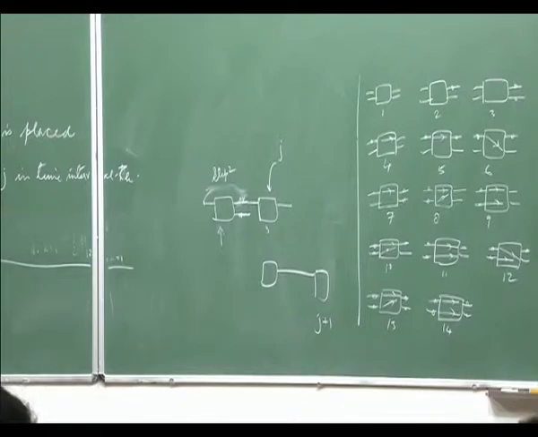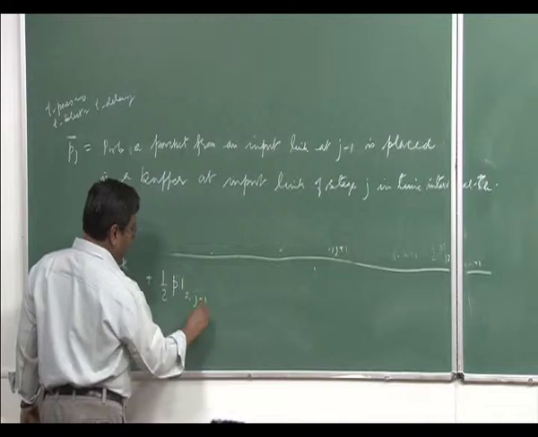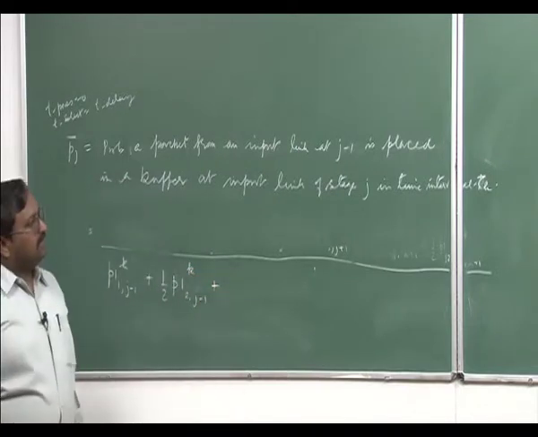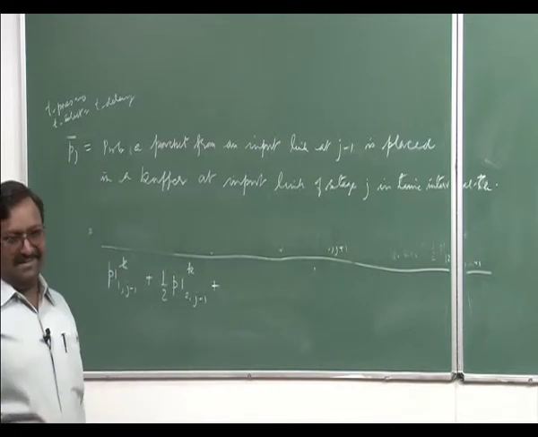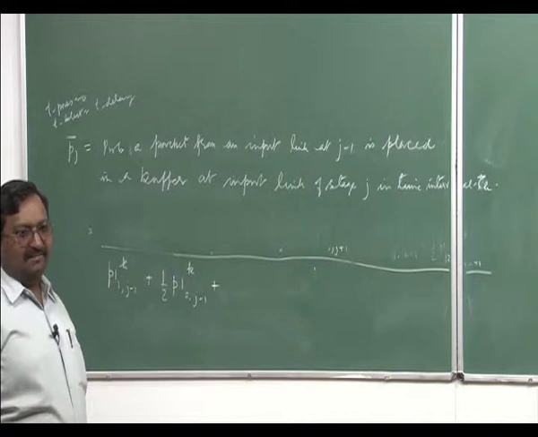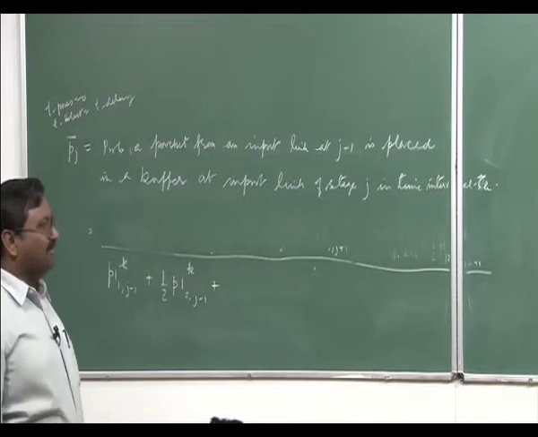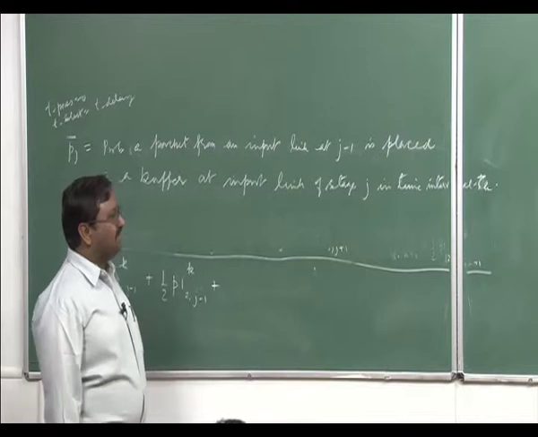So I will write now half of P1 to j minus 1 k, P3. P3 should not be there, because then my input buffer is not free, it is already occupied. Okay. So no packet can come, so it cannot contribute.